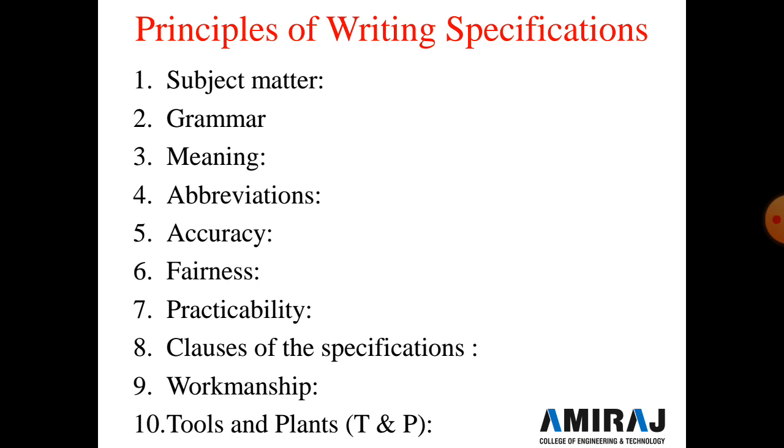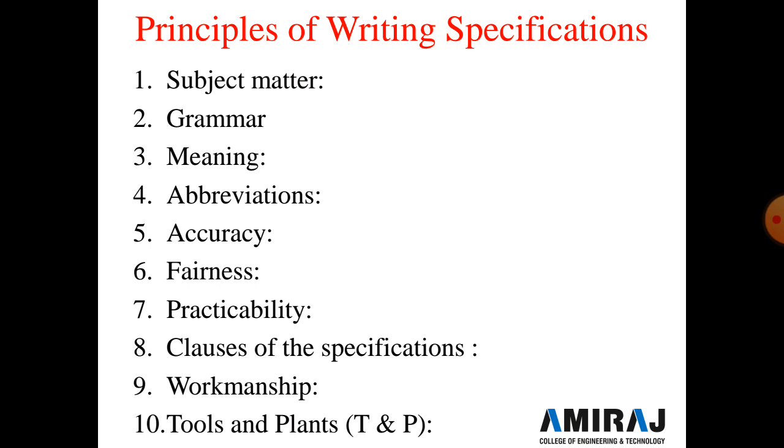So in subject matter, it's an important point. Second is the grammar. While writing the specification, it shall be made to express the requirement clearly, avoiding repetition and unusual words, and the style of tense shall remain the same throughout the specification, and the sentences shall be short, simple, and concise.